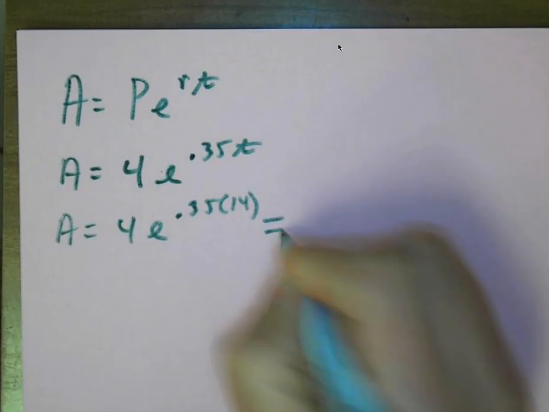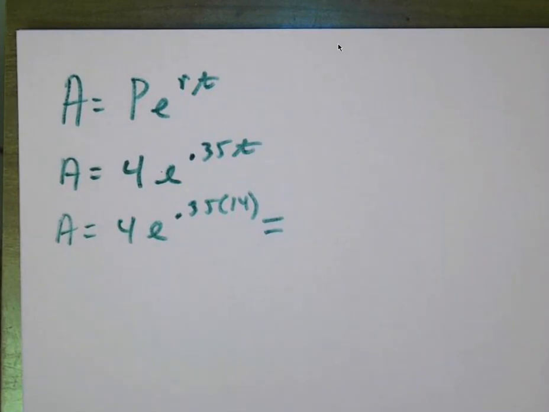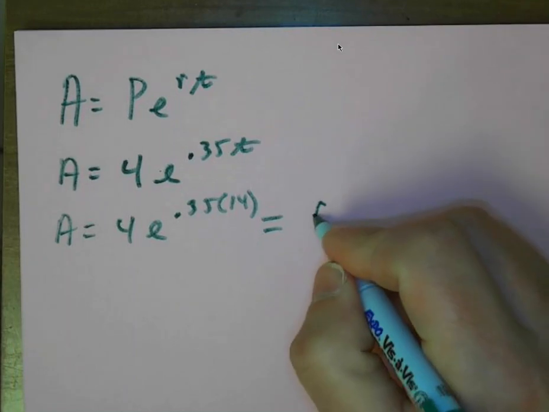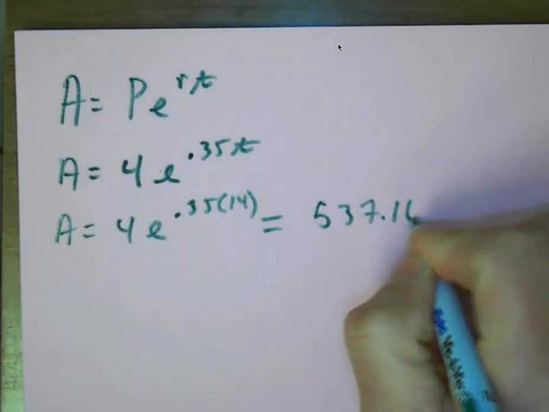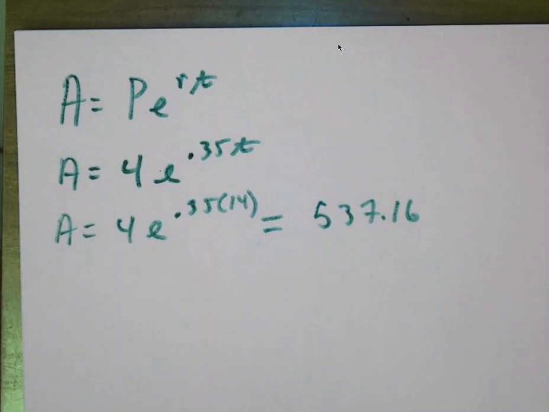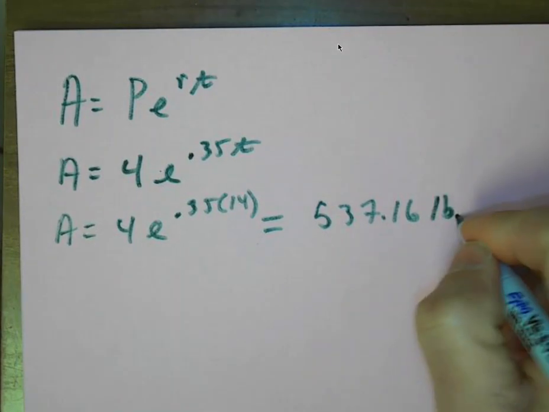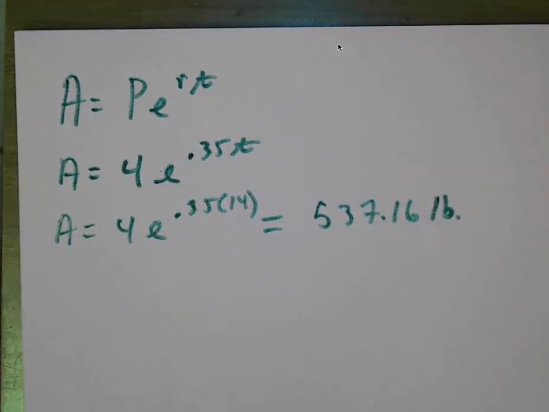When you punch it into your calculator, you get 537.16 pounds. Okay, so you guys can do number six. If it declines, instead of having a positive rate, it's going to be a negative rate, and you're allowed to do that.